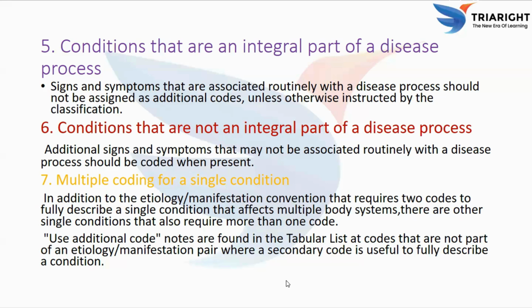These guide you to use more than one code. For example, diabetic retinopathy. In diabetic retinopathy, you first code the diabetes, which is the E11.3 category. Then you code the eye complication, that is retinopathy, H36.0. So these are the rules for coding multiple codes for a single condition.